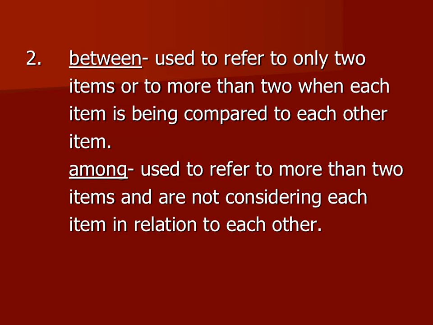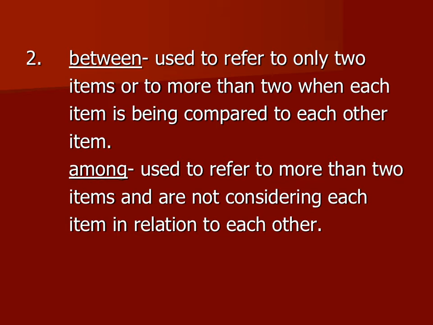All right, next group of words, you have between and among. So between, most of the time you're referring to only two things, and it can refer to more than two things when the items are being compared to each other. If you think back to chemistry, and maybe a short answer question you might have had, you would have said, compare the similarities and differences between proton and neutron and electron.